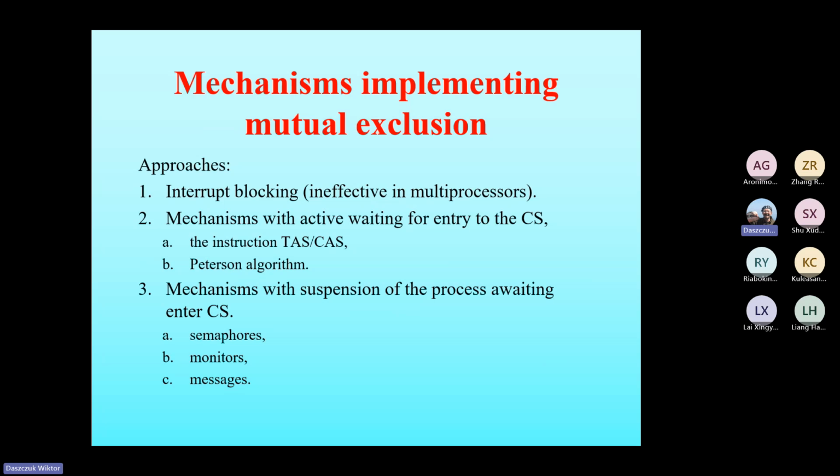So what are the manners of achieving this property? Interrupt blocking. It is successful on uniprocessor. If we have one processor, interrupt blocking is successful, but not elegant, as I told you. And it is not effective in multiprocessor.